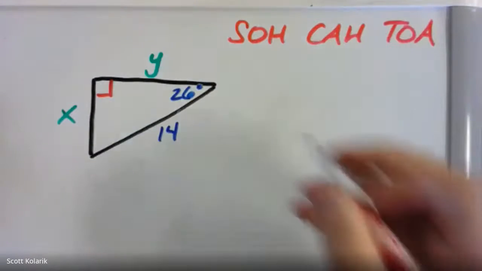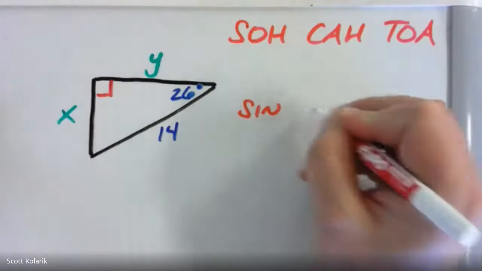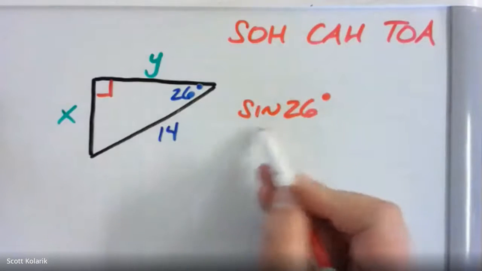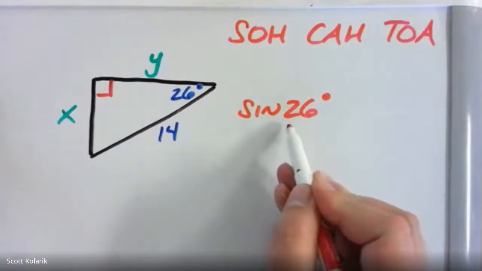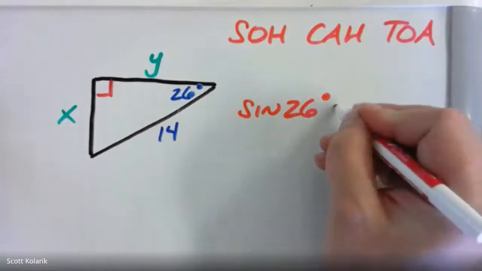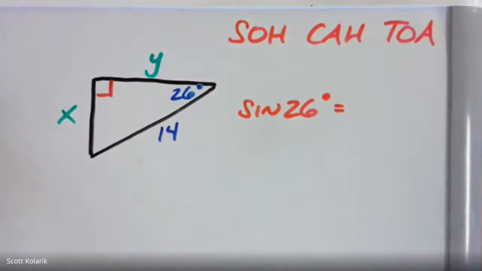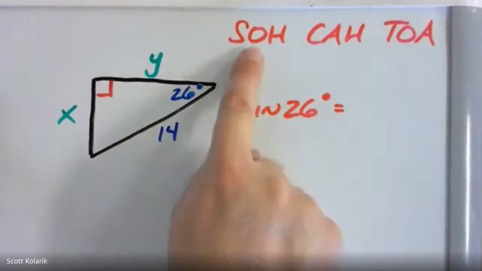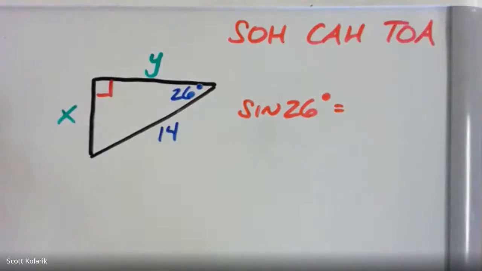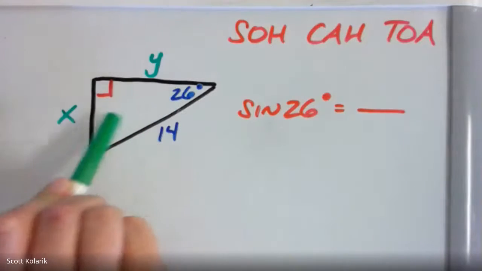So if I take the sine of that 26 degrees, which again, for the record, this is an actual number. It's going to be a gross decimal. We've seen it a couple times already, but it is an actual number. It represents a ratio. What ratio? Opposite over hypotenuse.